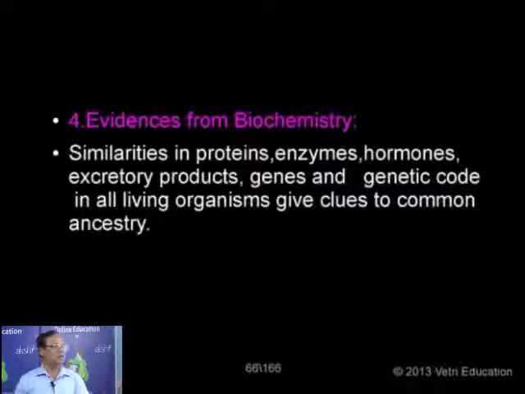So the hormones, excretory products, even the genes. For example, the genetic code has nearly 64 codons, and these 64 codons are made from the genetic information or code present in DNA.